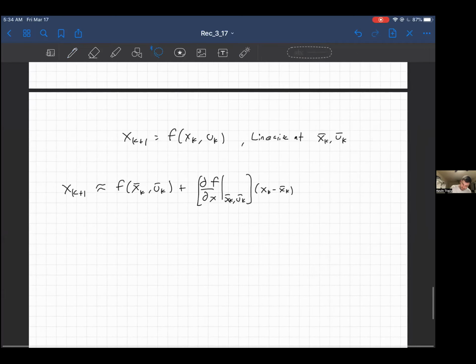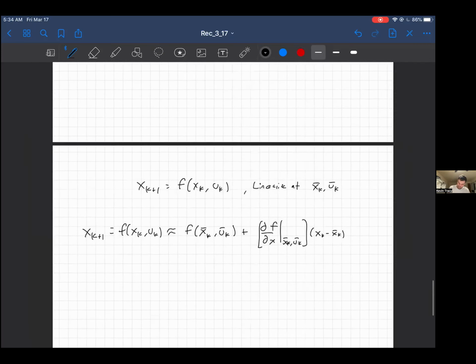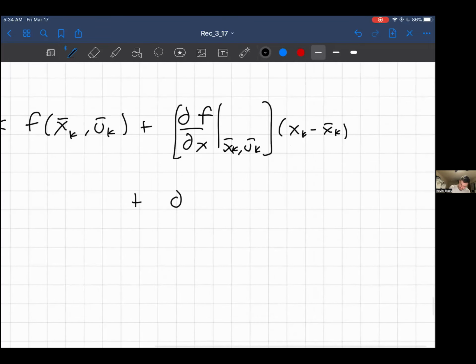Let me make this a little more clear. Xk+1 equals f(xk, uk), which is approximated by the following first order Taylor series, linearized at x bar k, u bar k, plus df/du at x bar k, u bar k, and then uk minus u bar k.